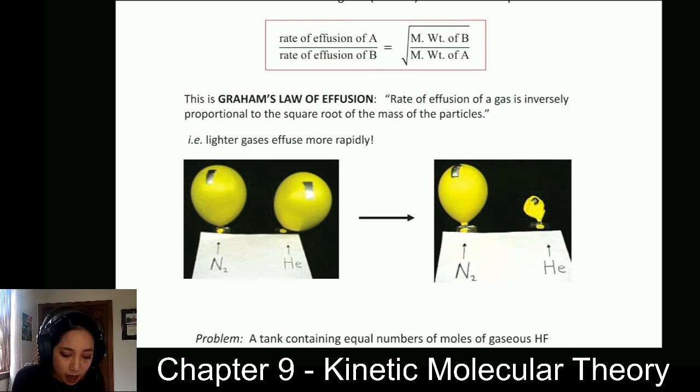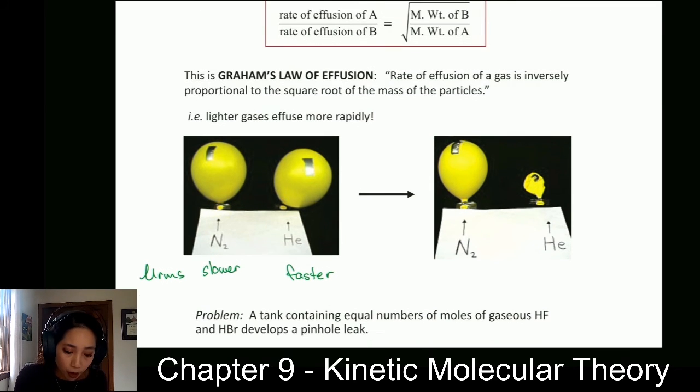That is because the root mean squared velocity of helium is higher. So helium is moving faster than nitrogen.